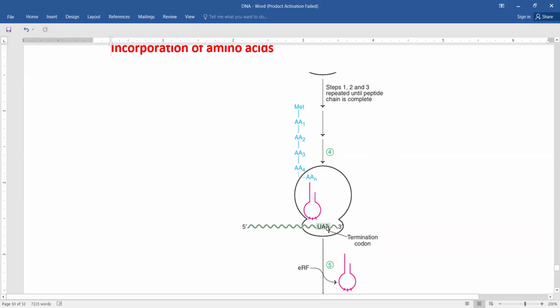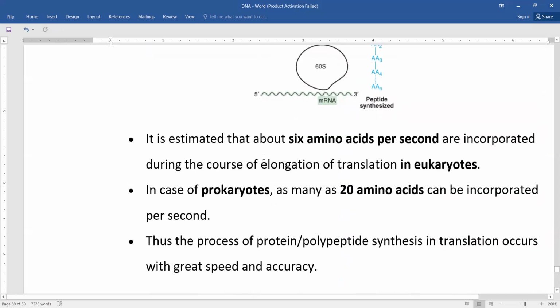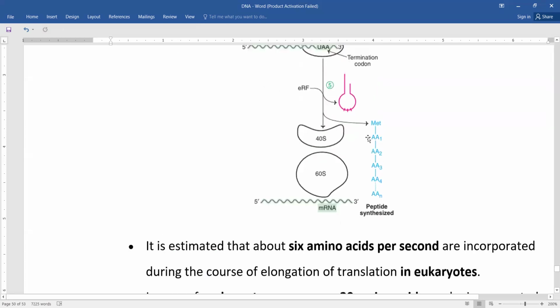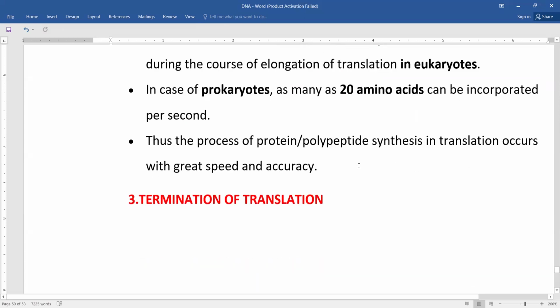Now the ribosome has reached UAA, which is a termination codon. It is estimated that about 6 amino acids per second are incorporated during elongation in eukaryotes. In prokaryotes, it is 20 amino acids per second.